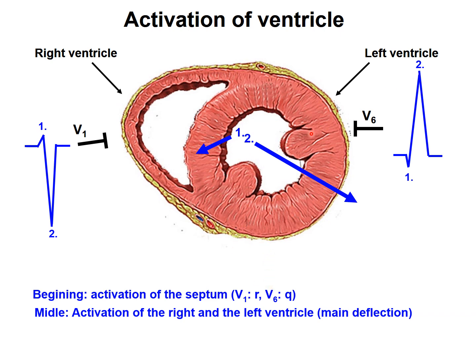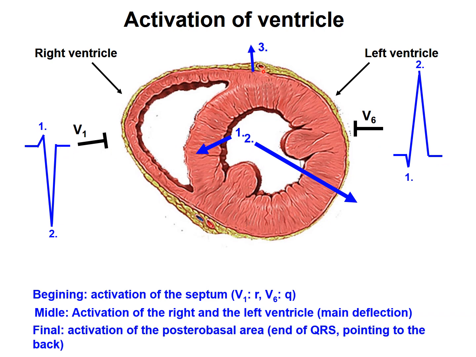When everything is depolarized, we get back to the isoelectric line. The third and final one is the posterior area. However, this depolarization goes to the back, so it doesn't give you any kind of changes in V1 or V6.